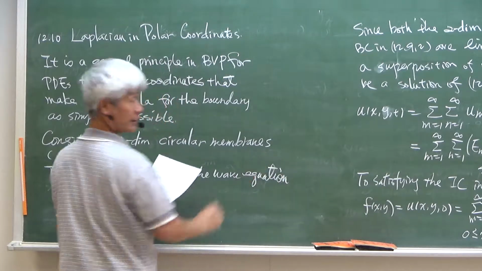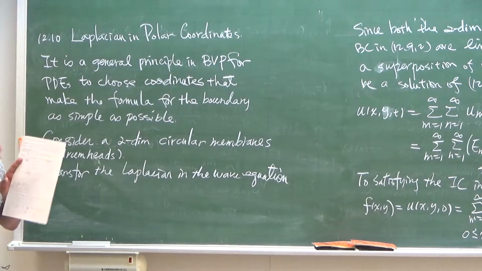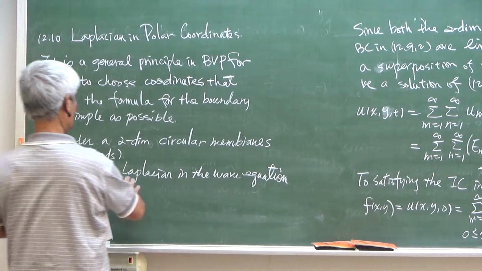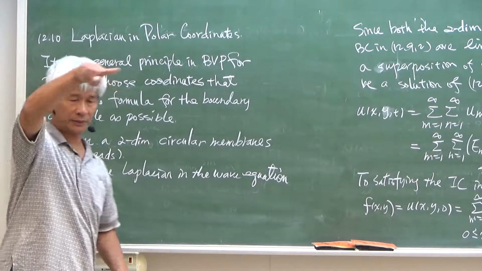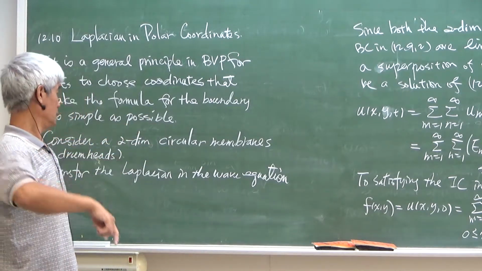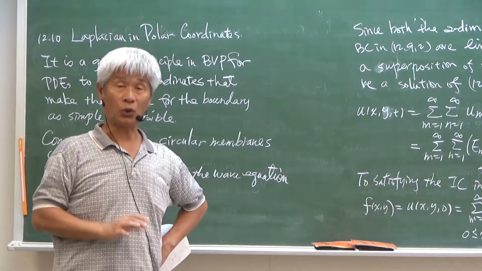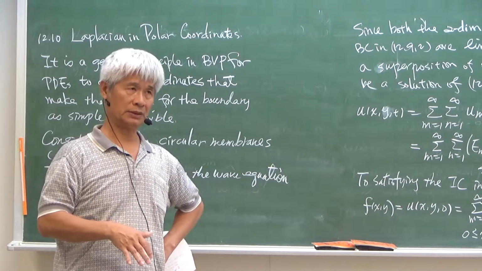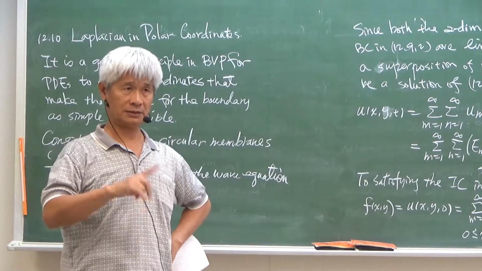Remember I mentioned the Laplacian, because the right-hand side is just the Laplacian times the square of the speed. When we consider a circular membrane, a simple coordinate system is the polar coordinate. Polar coordinates are much simpler than rectangular coordinates for a circular object.